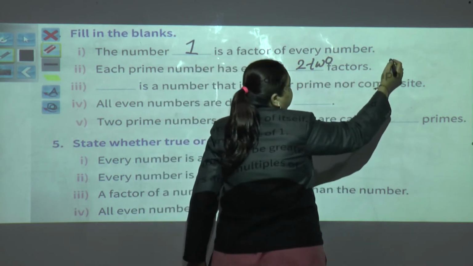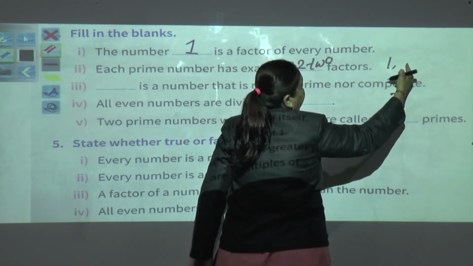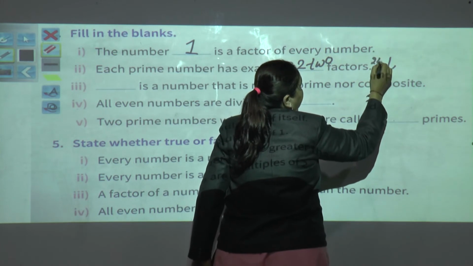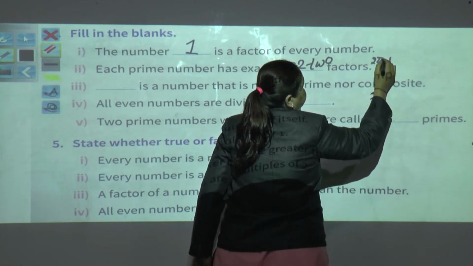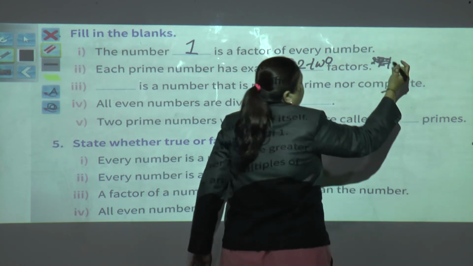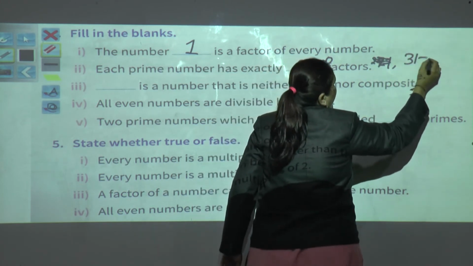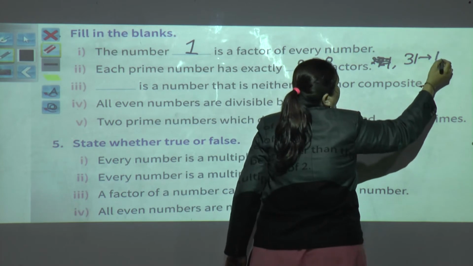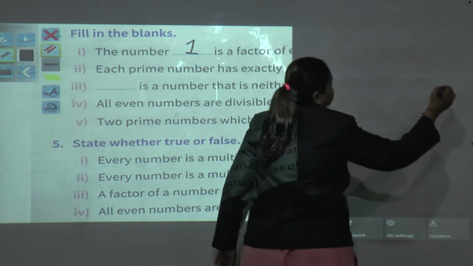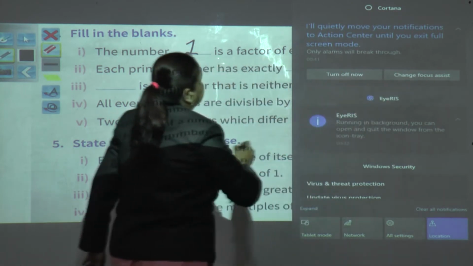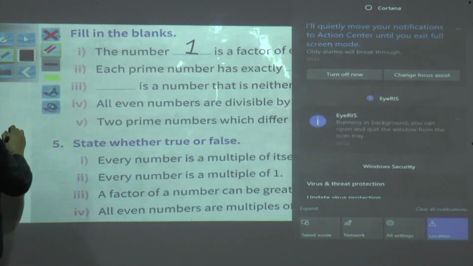And what are the factors? 1 and the number itself. Suppose it is 31. What will be the factors of 31? 1 and the number itself, which means how many factors? 2 factors.